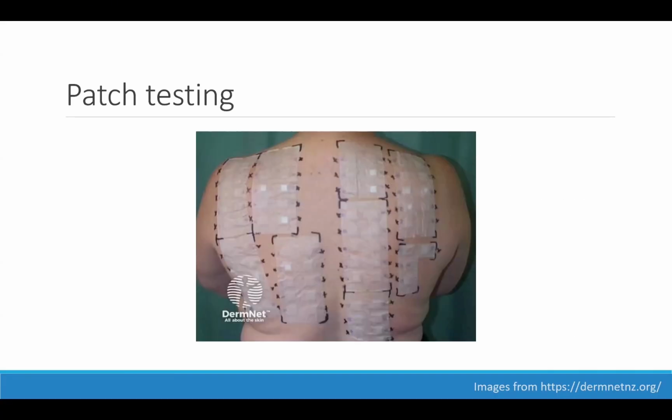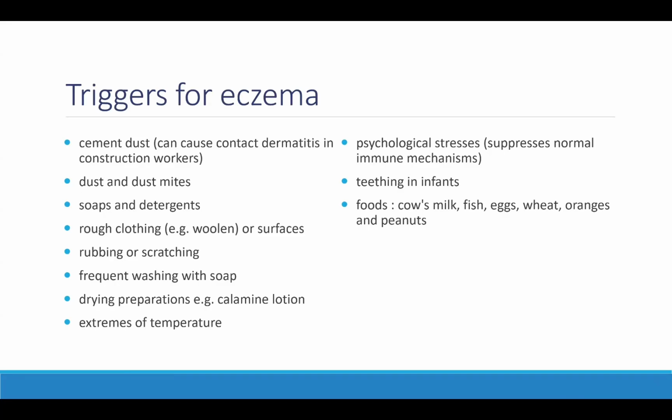For allergic contact dermatitis, patch testing is often used to determine which allergens are involved. Triggers for eczema can include cement dust and dust mites, soaps and detergents, rough clothing such as woolen clothes or surfaces, rubbing or scratching, frequent washing with soap, drying preparations such as calamine lotion, extremes of temperature, whether it's too hot or too cold, psychological stresses, which can suppress normal immune mechanisms, teething in infants, as well as certain foods.